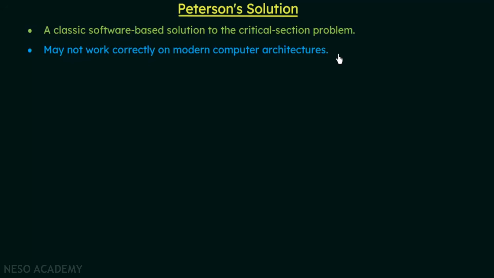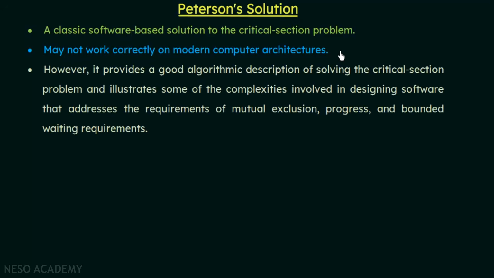However, it provides a good algorithmic description of solving the critical section problem and illustrates some of the complexities involved in designing software that addresses the requirements of mutual exclusion, progress, and bounded waiting.